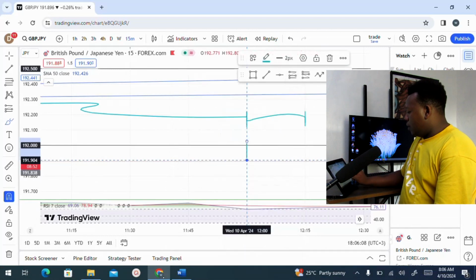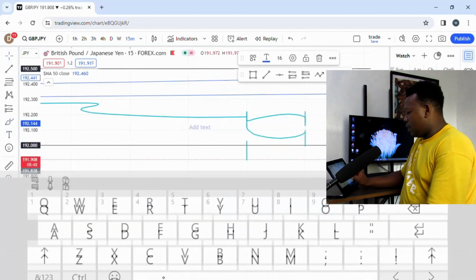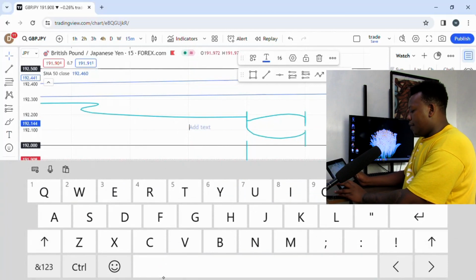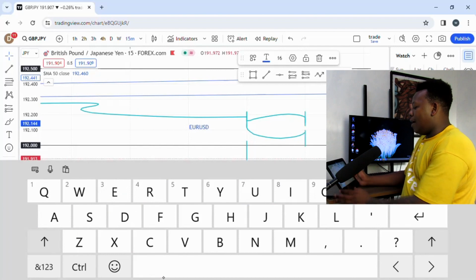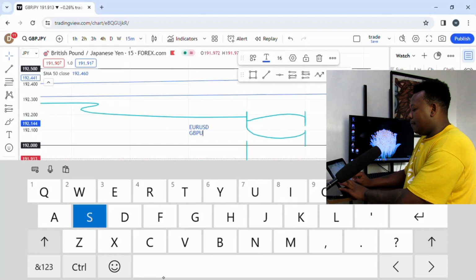So yeah, we have something like the US 30. Let me type exactly what I'm saying. We have things like the US 30, the Euro USD, and we also have the GBP USD. These are some of the currency combinations that I'm talking about.